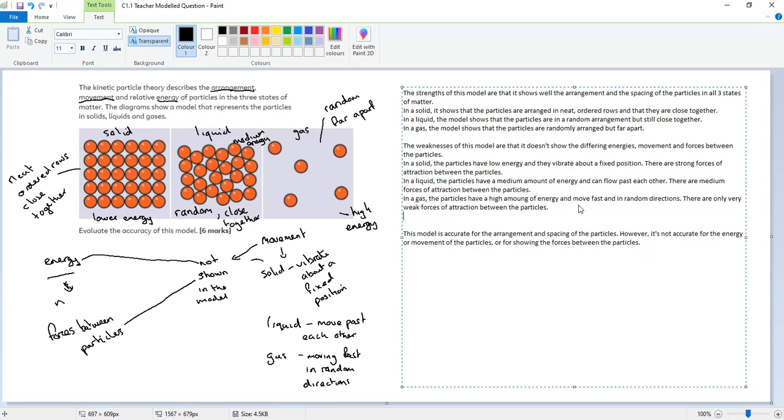and of course particles are three-dimensional. So the model, let's just add this, the model is only two-dimensional. Like that, lovely.